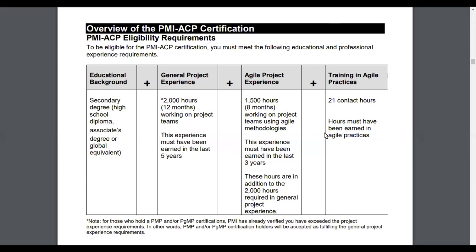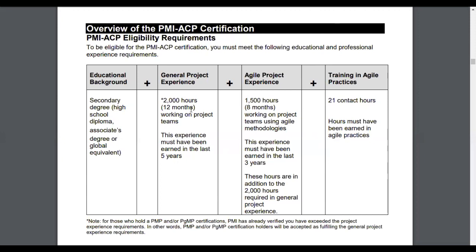And the general experience means you must have 2,000 hours working on project teams. That experience should have been earned within the past 5 years. You cannot go back more than 5 years for this general project experience.